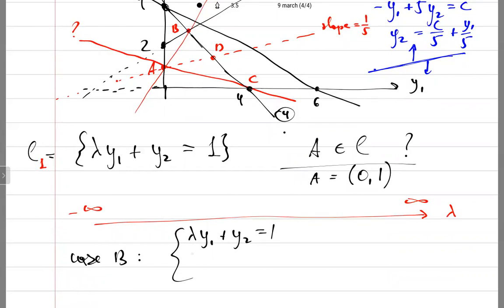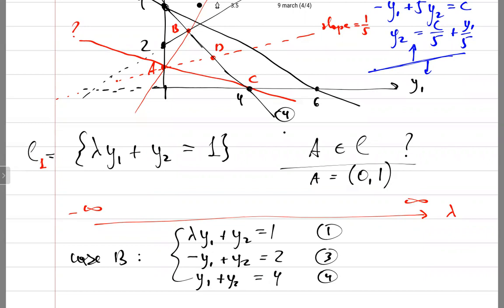Let me recover it. It will be minus y1 plus y2 equals 2. That is line number 3, and line number 4 is y1 plus y2 equals 4. Case B.